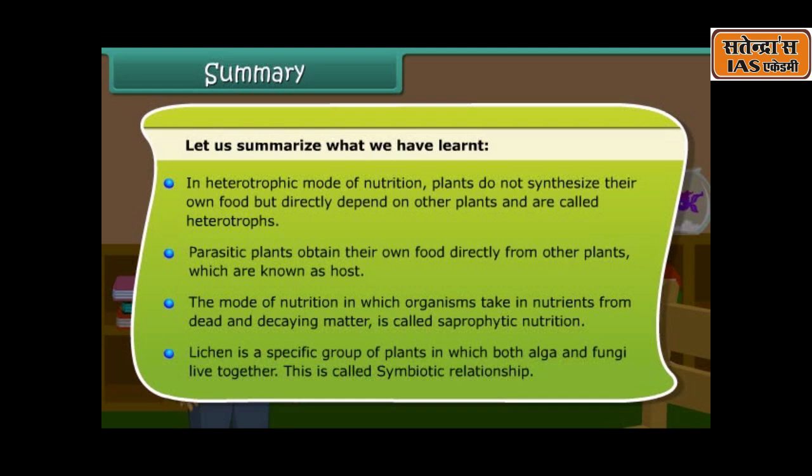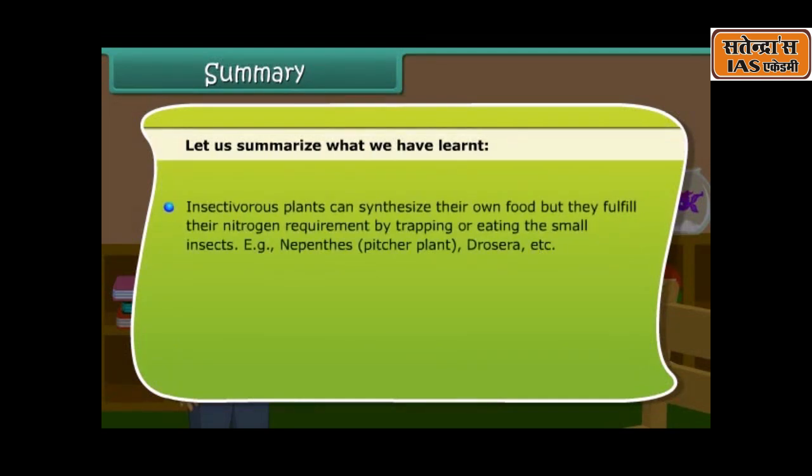This is called symbiotic relationship. Insectivorous plants can synthesize their own food, but they fulfill their nitrogen requirement by trapping or eating the small insects. For example, Nepenthes, pitcher plant, Drosera, etc.